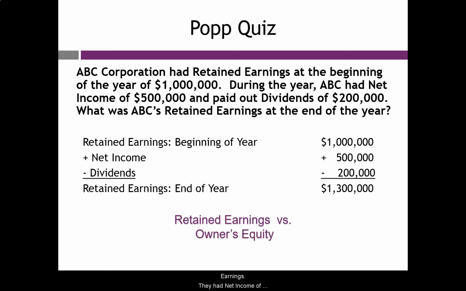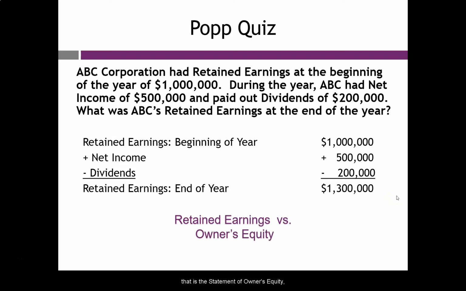Okay, they had net income of $500,000 for that coming year and paid out dividends of $200,000. What did they end up with? And it's really as simple as that. They started, they added this, they paid out this, and they ended with $1.3 million. So if you were given that question, it's as simple as setting up the equation like this and doing the math.